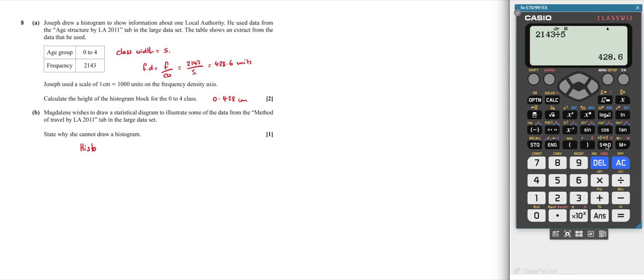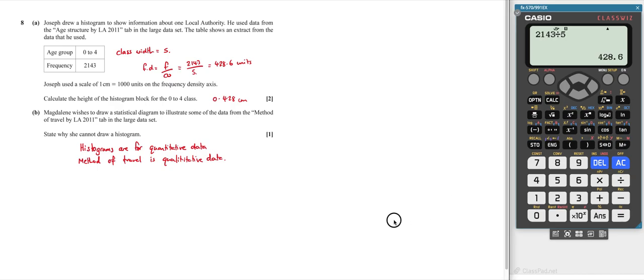Histograms are for continuous quantitative data, and method of travel is qualitative data. If I've spelt that wrong, let me know in the comments down below.